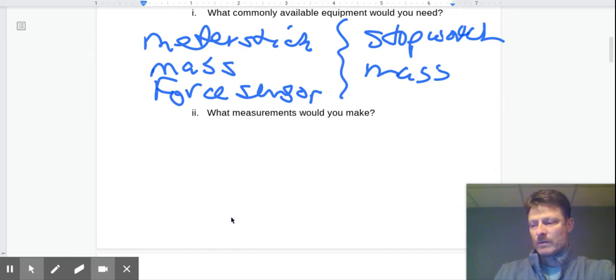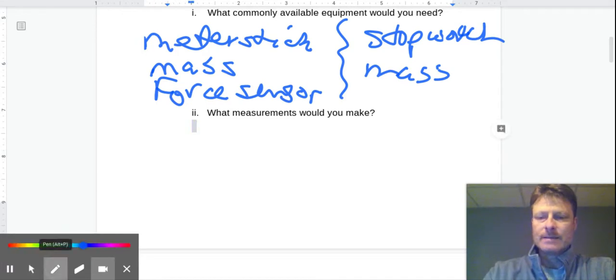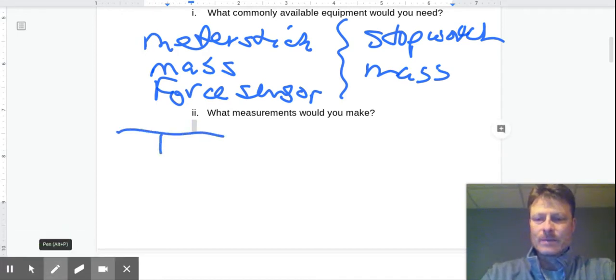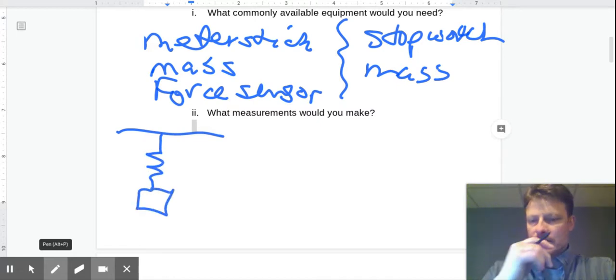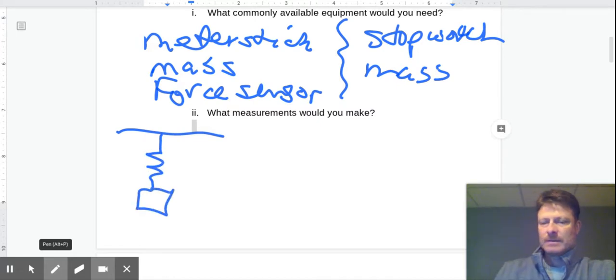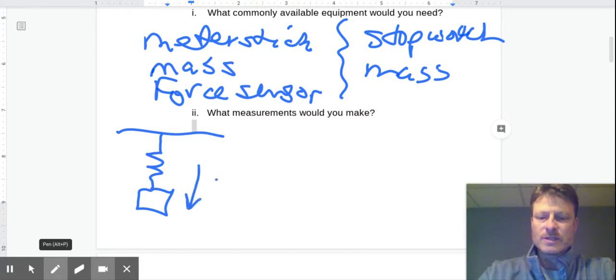One way would be to hang a mass from the spring, and then you could measure different things from it. If it stretched a certain amount, you'd measure that, and you knew how much it weighed.